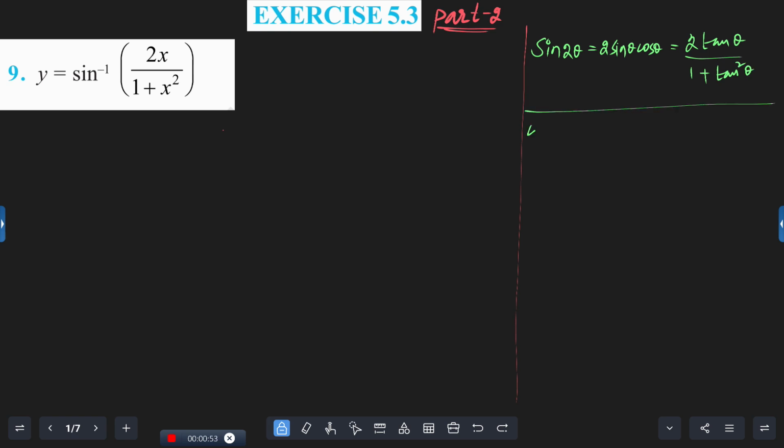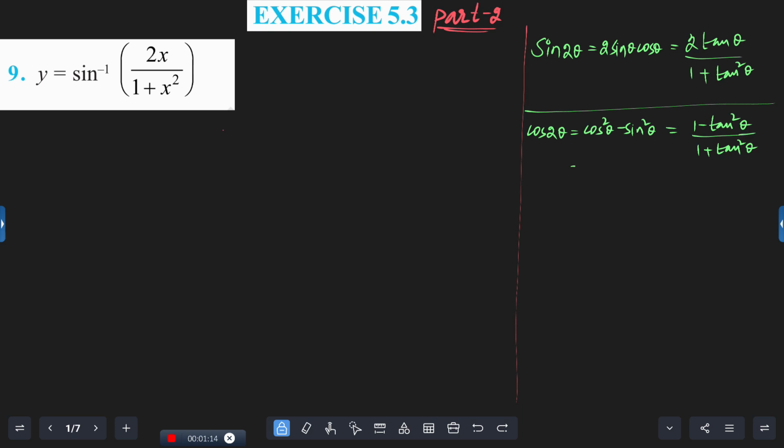And second, cos 2 theta is equal to cos square theta minus sin square theta. If you simplify this, we will get many forms, but based on tan, it is 1 minus tan square theta divided by 1 plus tan square theta.